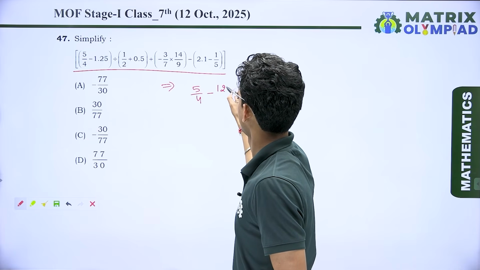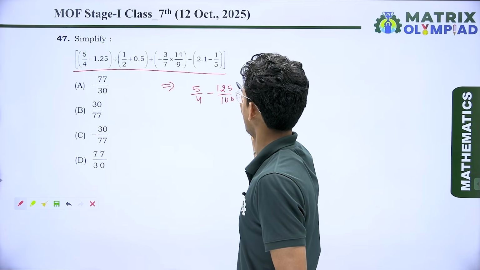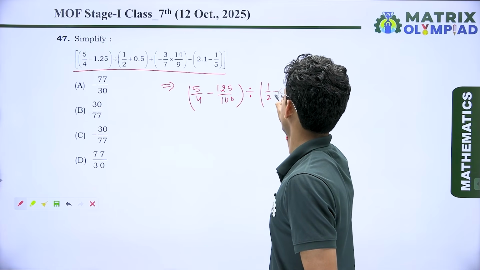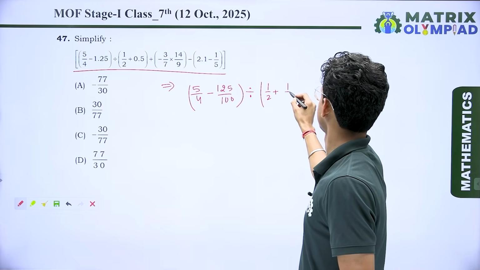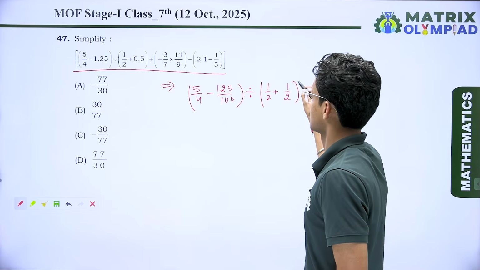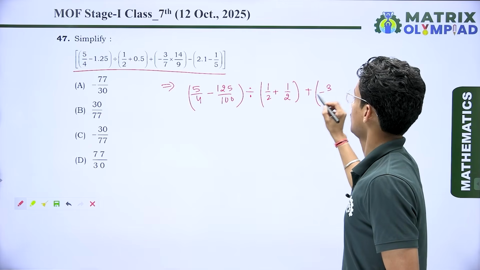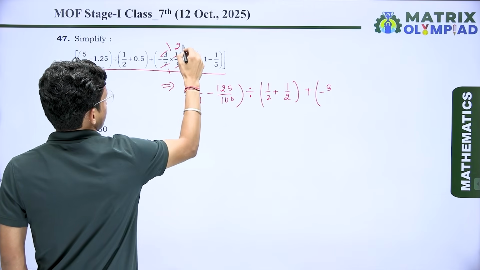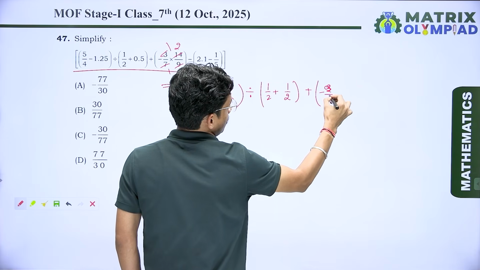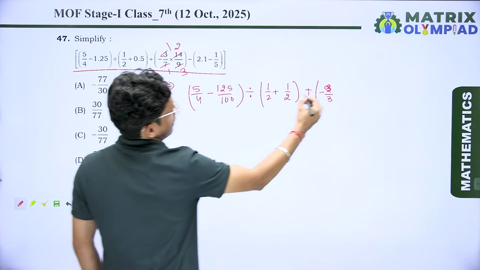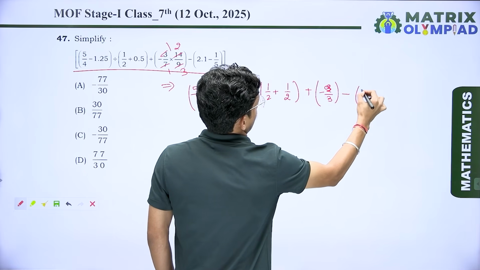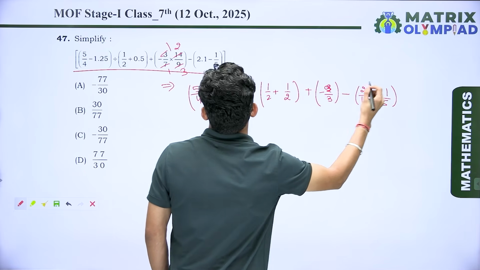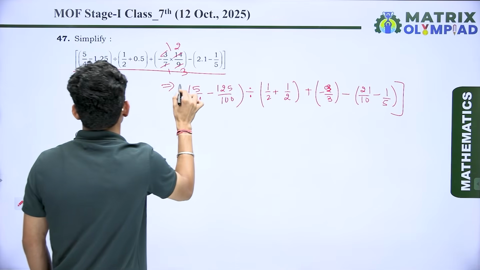So I can write here 125 upon 100 divided by 1 by 2, 0.5, which means again 1 by 2, plus minus 3 upon, we know 3 1 3, 3 3 9, 7 1 7, 7 2 14, it means minus 2 upon 3 minus 21 upon 10 minus 1 upon 5. Okay, bracket close, here we have bracket.